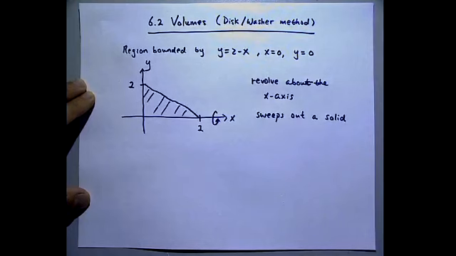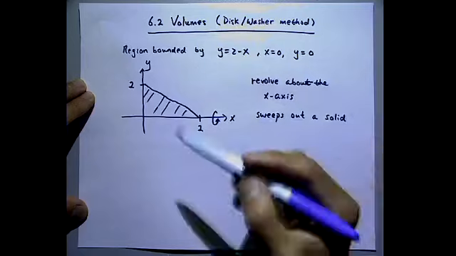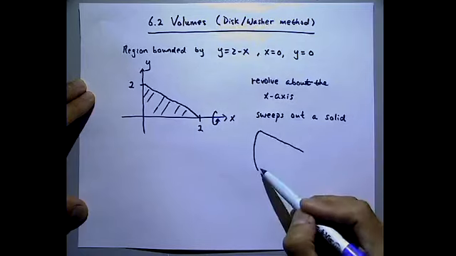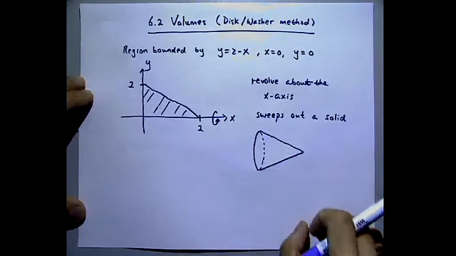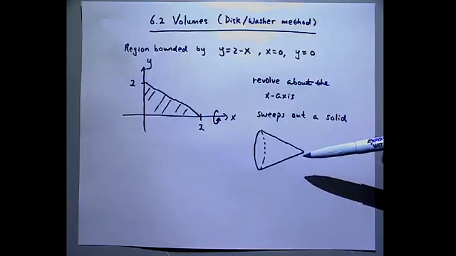When you sweep this entire thing once around back to where you started, you will end up getting a cone. Right? Can you visualize that? Yes? Good. What we want to do is to figure out how we can calculate a volume of a shape such as that. Okay, so that's the basic idea here.